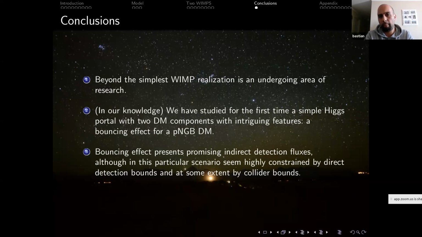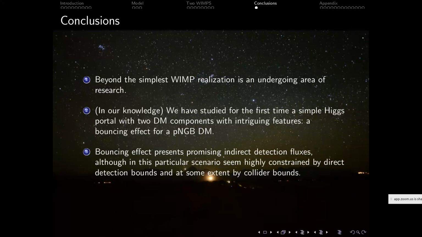Now, when we are talking about indirect detection, in the last part, we say that the temperature is small enough that particles are moving completely non-relativistically. And in that sense, we consider that the temperature of the universe is the temperature outer space, 2.7 Kelvin. So two very different regimes.